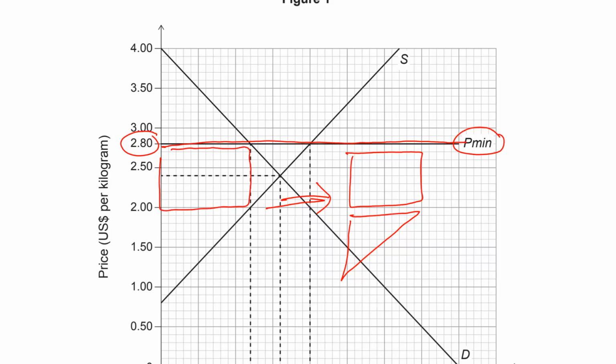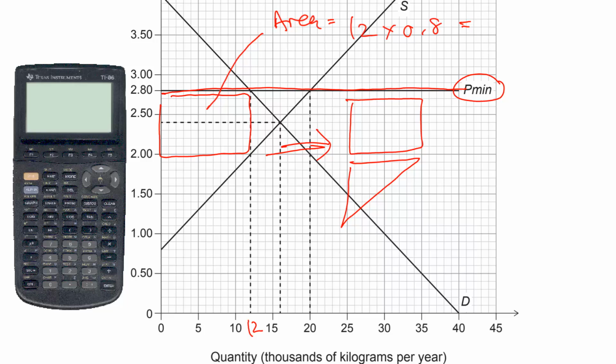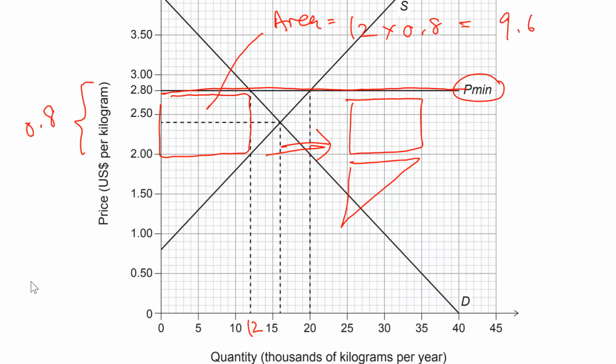This rectangle has a base of 12, and the height would be $2.80 minus $2, which is 0.8. That's just going to be 12 times 0.8, which is 9.6. That's going to be the rectangular bit.